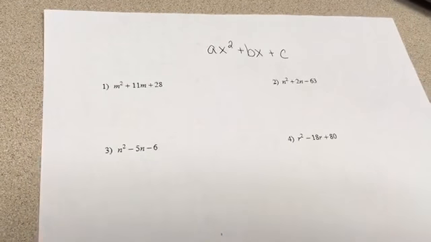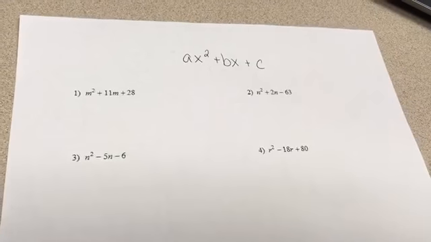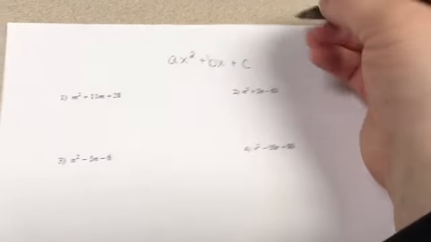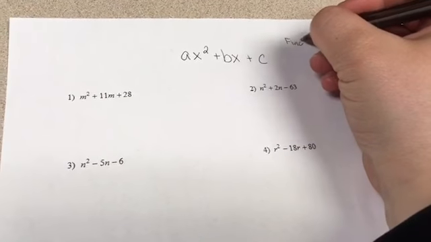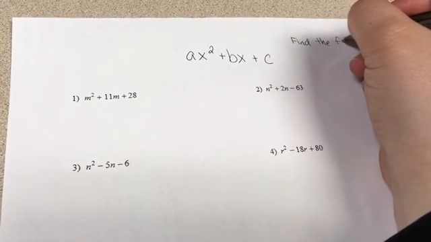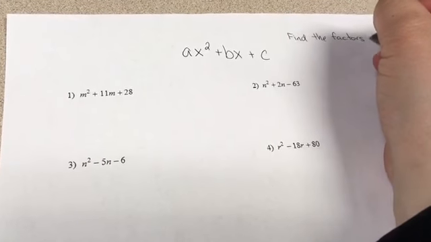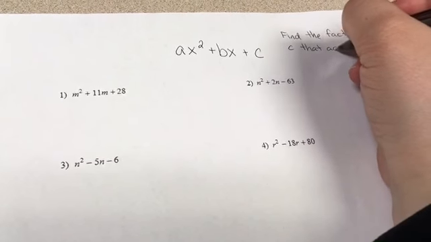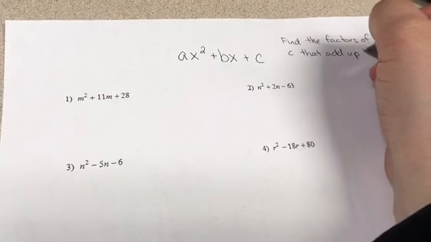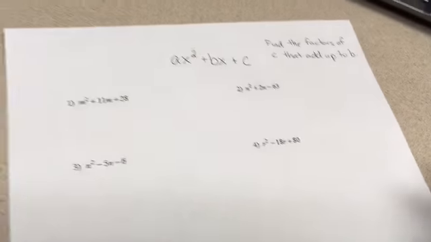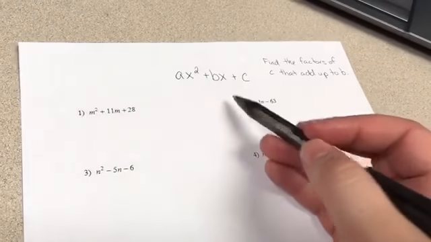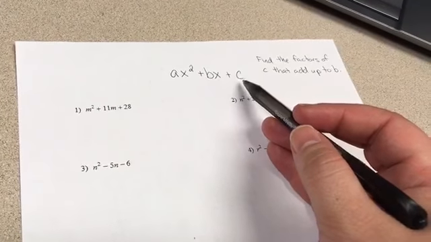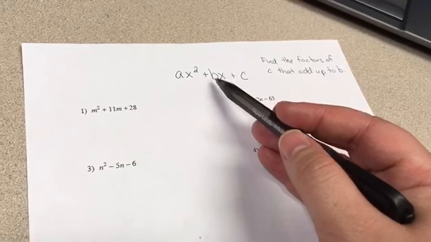You're going to find the factors of c that add up to b. C is that constant number at the end. B is the number in front of the x.